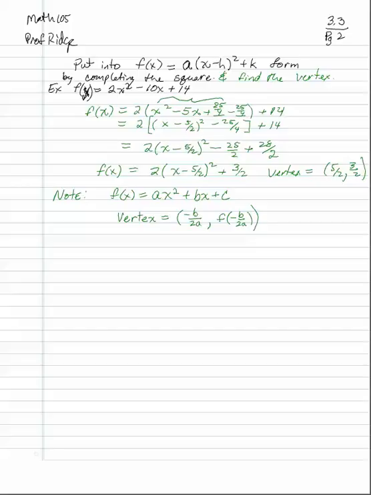So in our other form, h is minus b over 2a, and k is f of minus b over 2a.